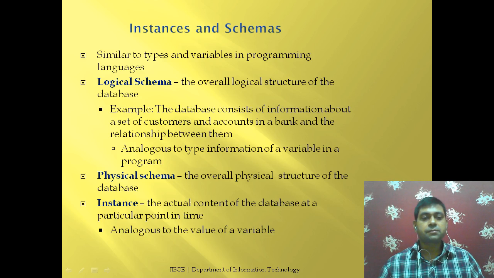Instance means the actual content of the database at a particular point in time. Let's say the value of a variable, that is an instance, right? You can better understand this if we talk in a programmatic way, like value of a variable, that is the instance.